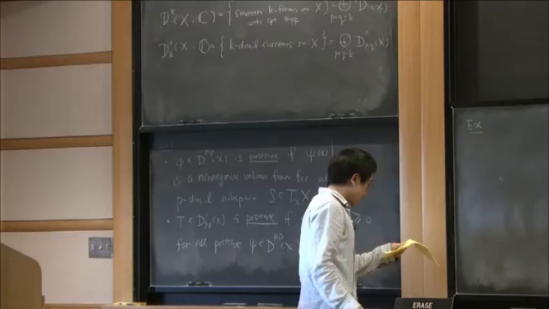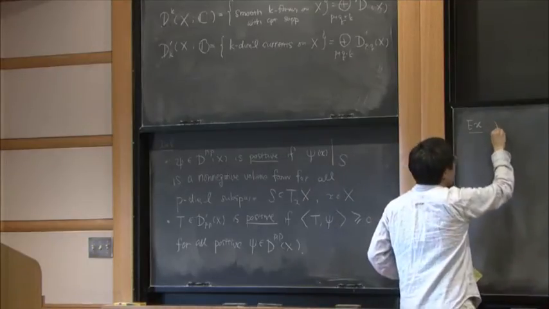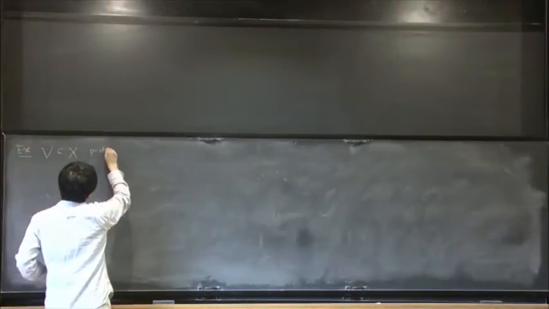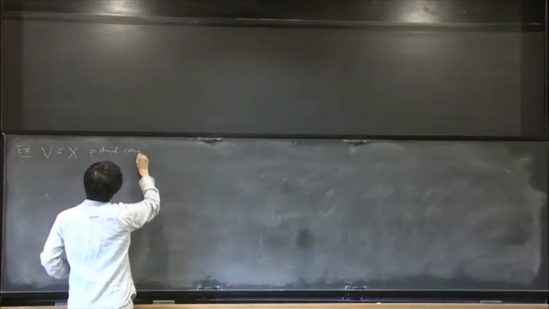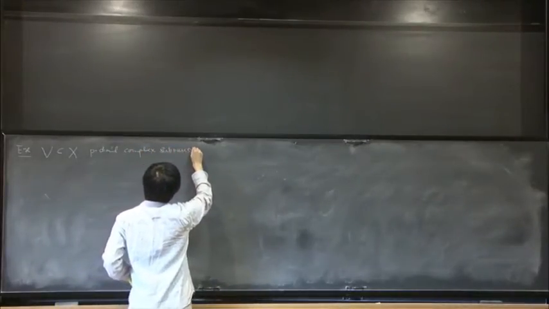So the most obvious example of a positive current would be given by a p-dimensional complex subvariety.